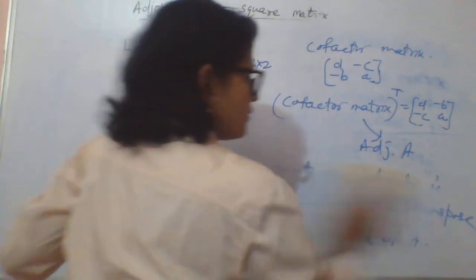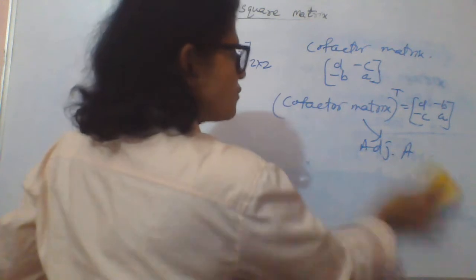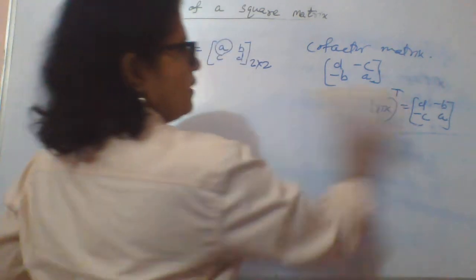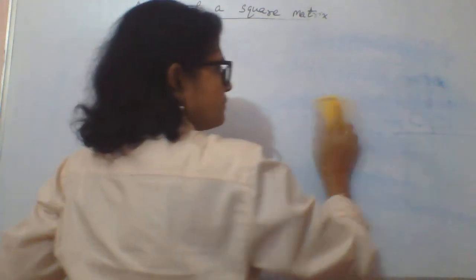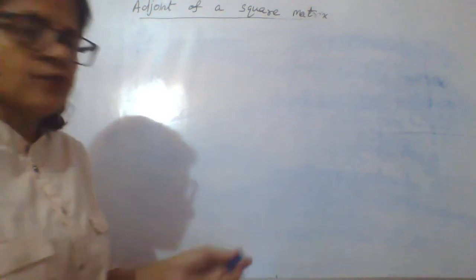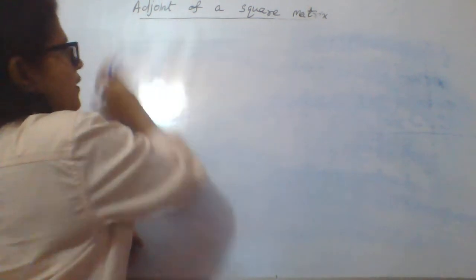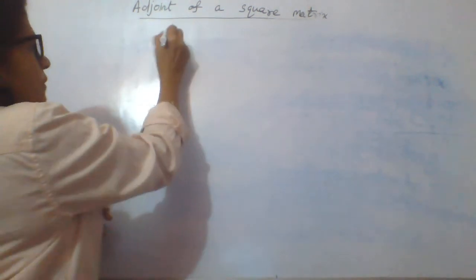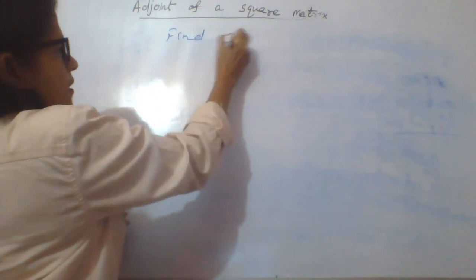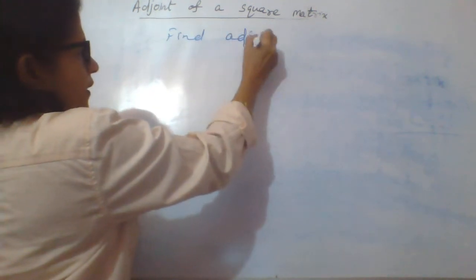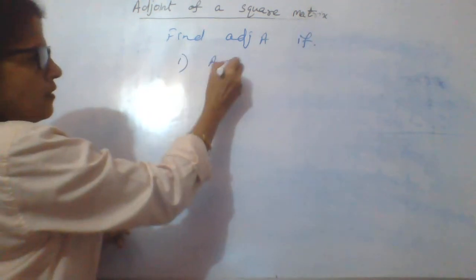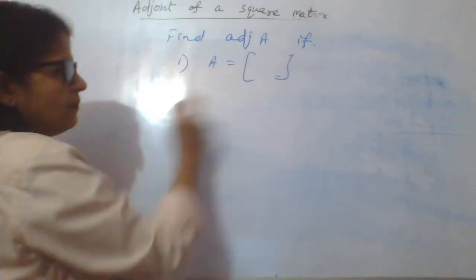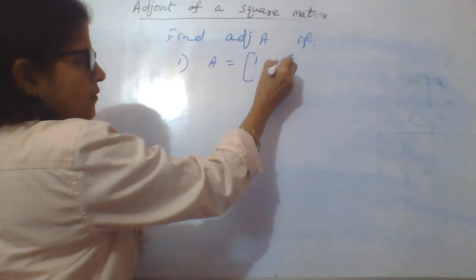Let's take two questions, one for a 2 by 2 matrix and one for a 3 by 3 matrix. Find the adjoint of A. First part: A equals 1, minus 1, 2, 3.